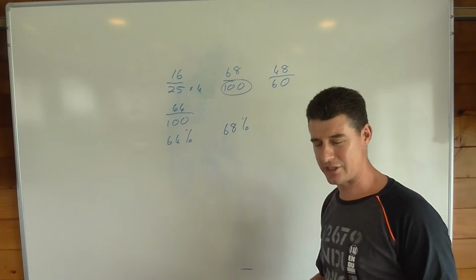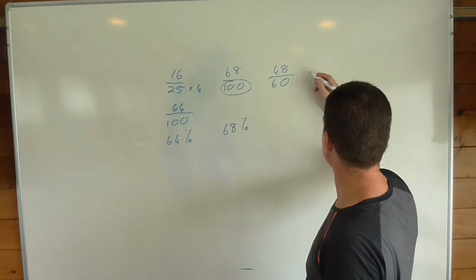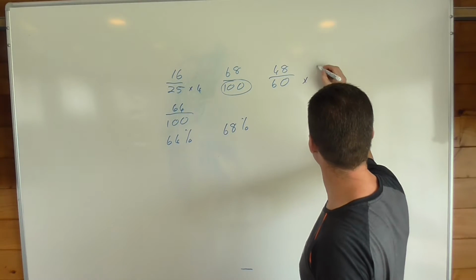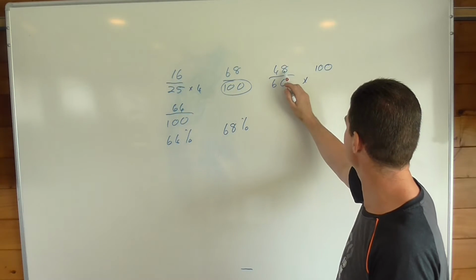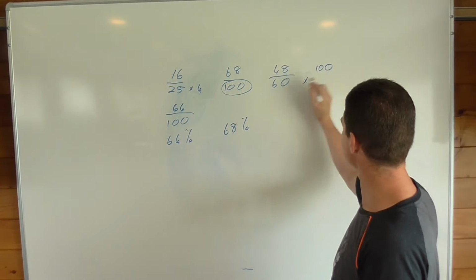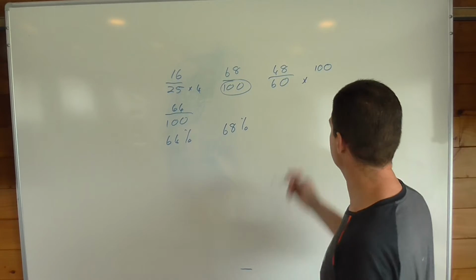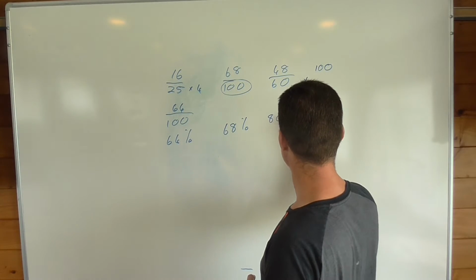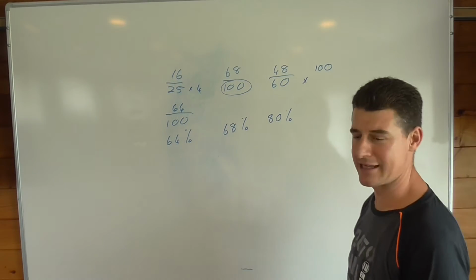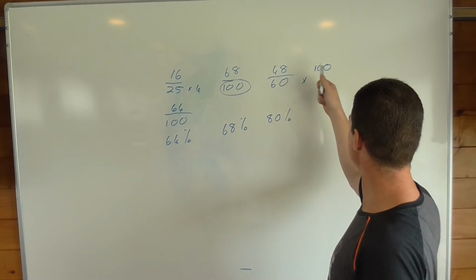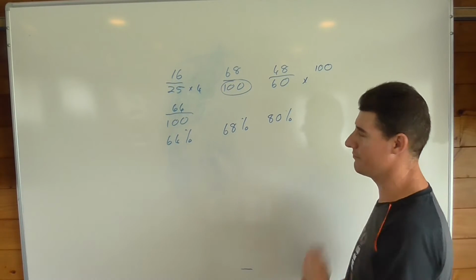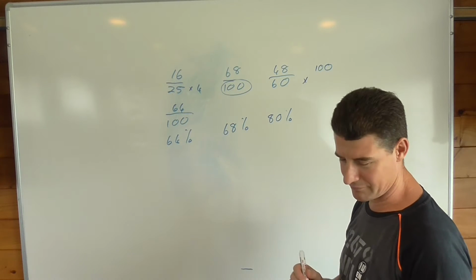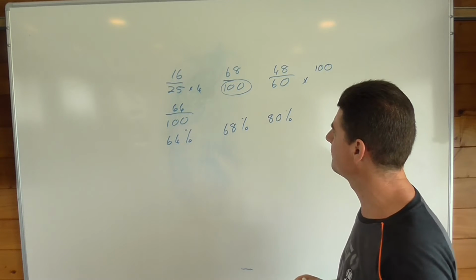But an easy way to calculate the percentage is simply to multiply it by 100. So this will be 48 times 100 divided by 60. So that'll give you 80%.